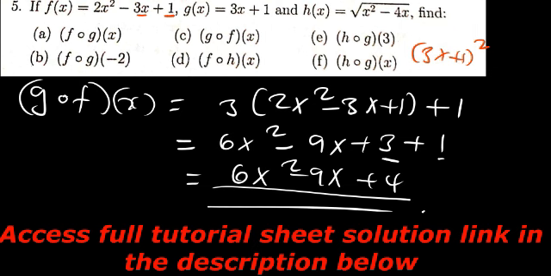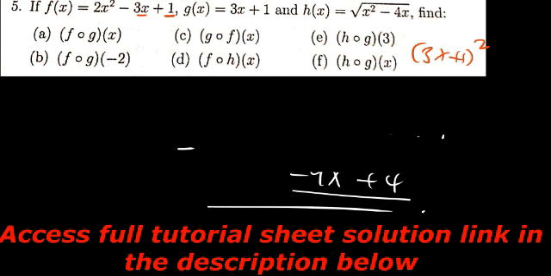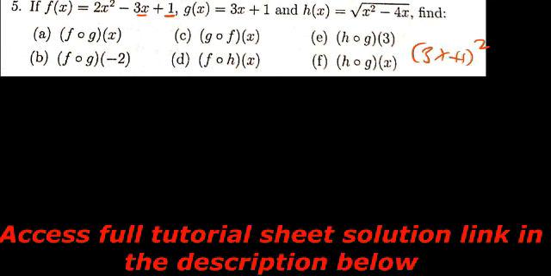So part D is telling us to find h of g. Let us see, f of g, h of g. So in the function of h, where there is x, we put g. So it will be h of this.